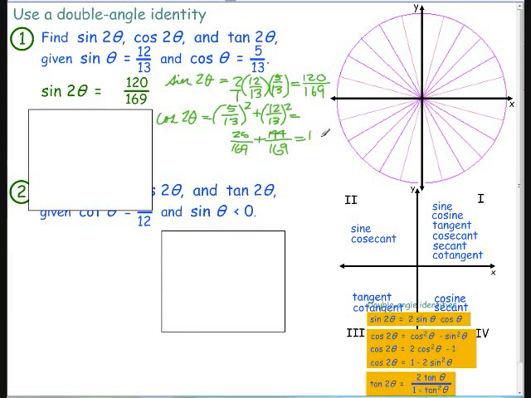When I add those up, what do I get? 169 over 169. Really? Wow. I don't think so. I must have done something wrong. One of the things we didn't check up here, and we should have, is what quadrant we would be in.